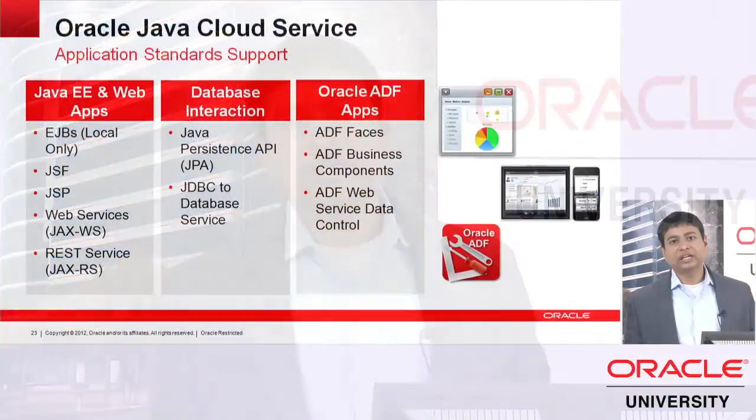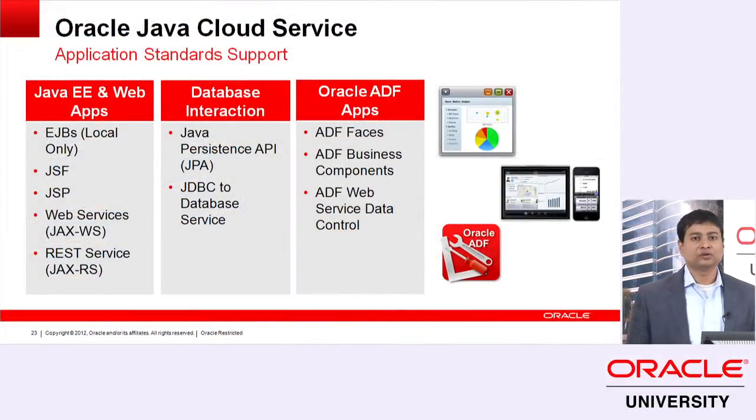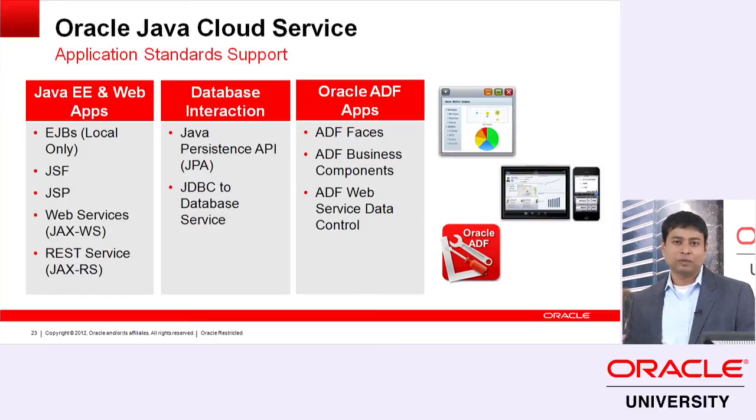One thing to note about Java Cloud Service, because it is running in the cloud, is that there is no EJB access from outside of the Oracle public cloud into a Java Cloud Service running in the Oracle public cloud.